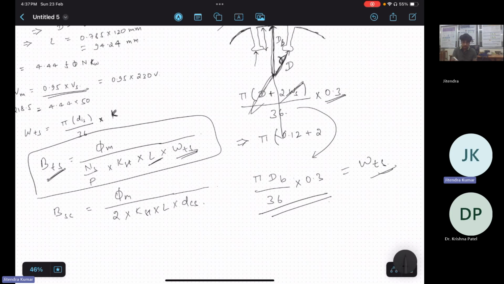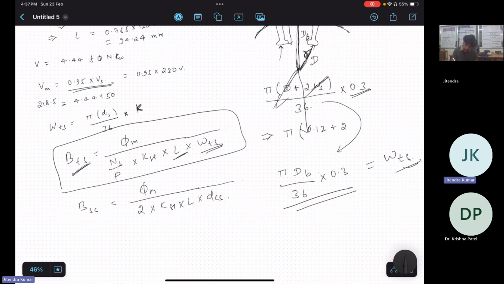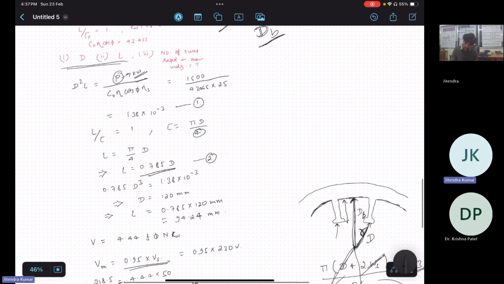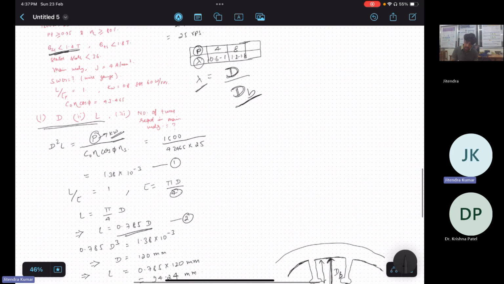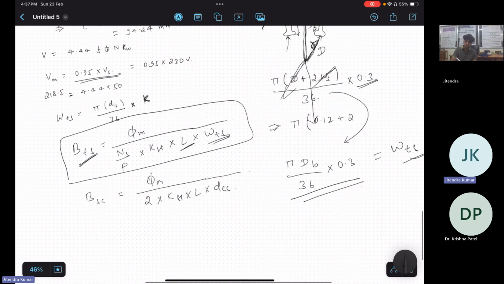After you get this value of WTS, you can calculate phi. So phi m will be equal to BTS, which is 1.4, right?